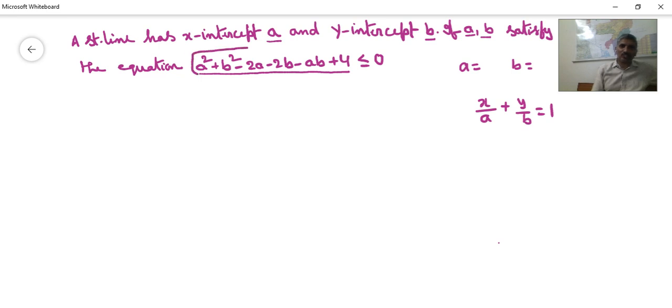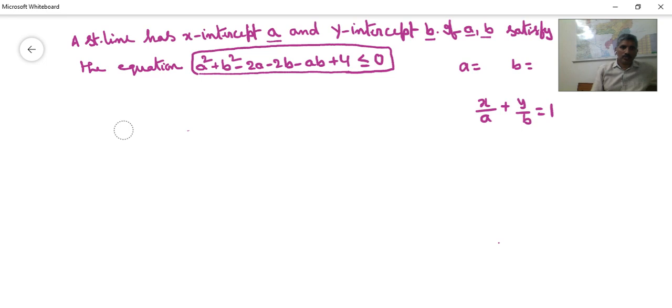But once you observe this particular equation, a square plus b square minus 2a minus 2b minus ab plus 4 less than or equal to 0, how can we write it?